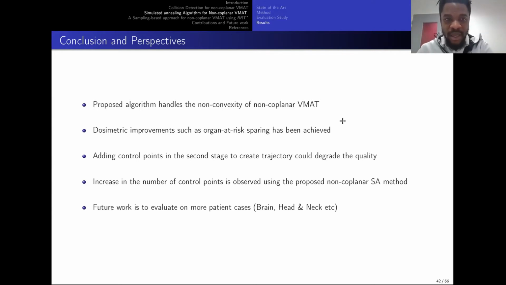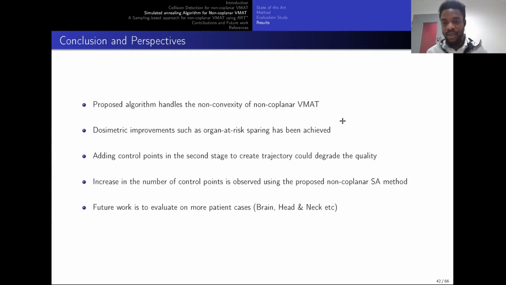We have seen that when we add the control points in the second stage, we can degrade the quality, because we add beams that we did not optimize in the trajectory, and we don't know how the machine is going to deliver them when it's moving. We also have an increase in the number of control points with this non-coplanar simulated method compared to classical methodologies.